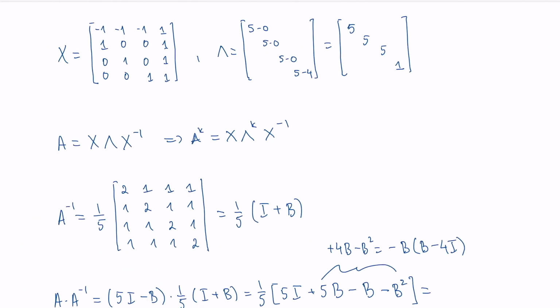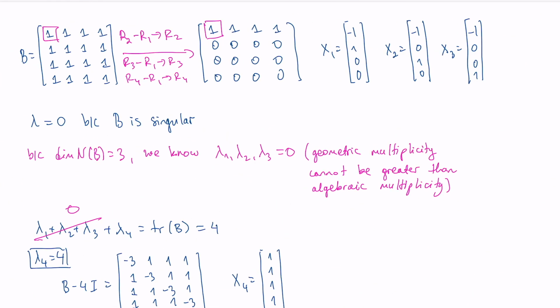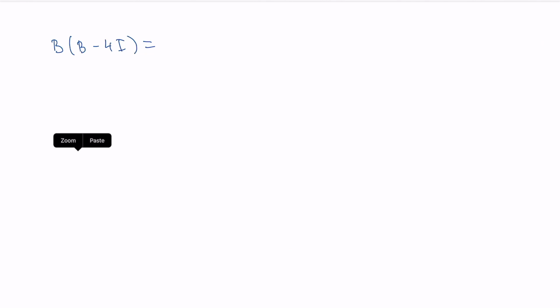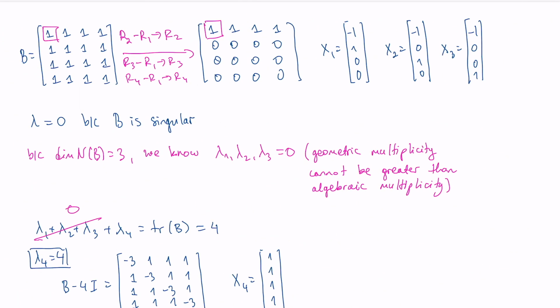What is this? Well, I actually have to look into the matrix B and the matrix B minus 4 times the identity. So I will copy our matrix B. And let me copy our matrix B minus 4 times the identity.